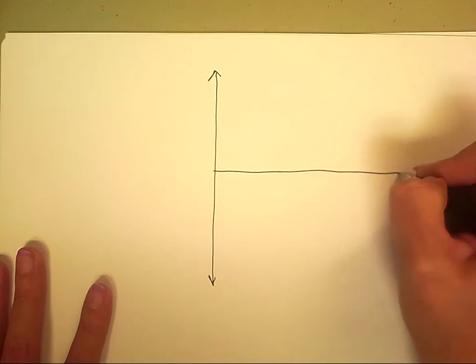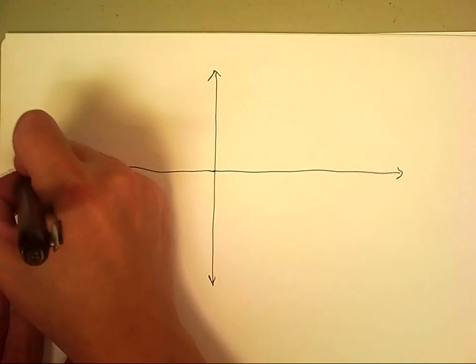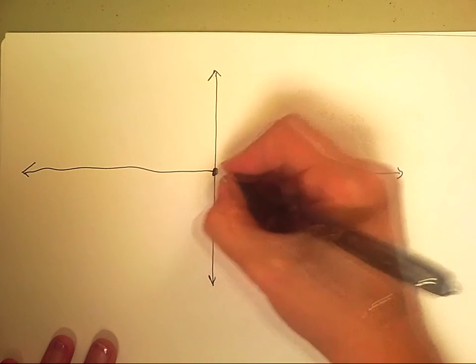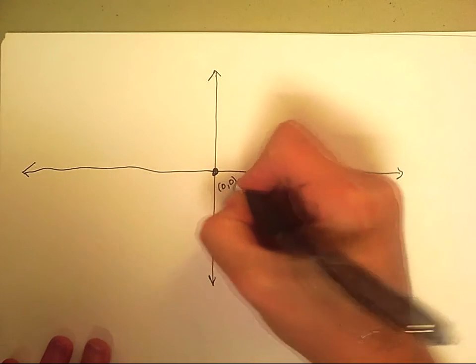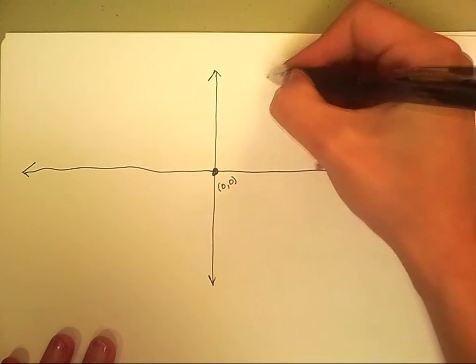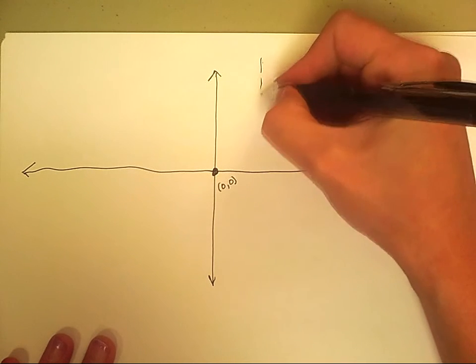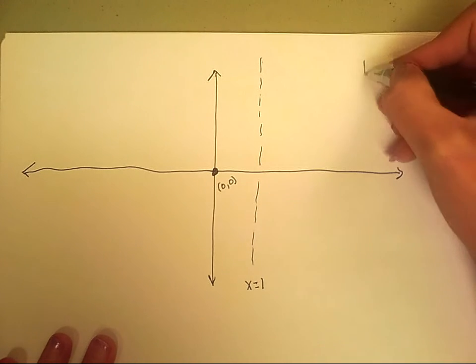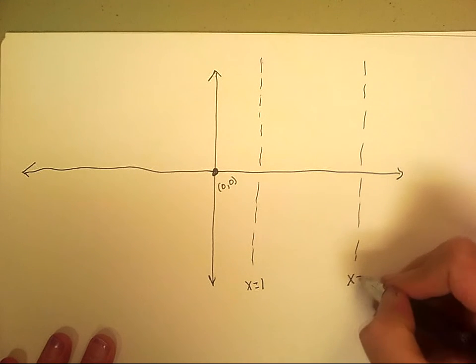Okay, let's plot what we have so we can get a look at it. Might turn my paper long ways for this one. Here we know we have an x and y intercept at (0, 0). We also have vertical asymptotes at x equals 1 and at x equals 5.